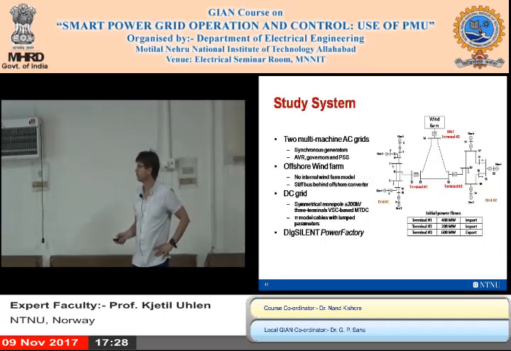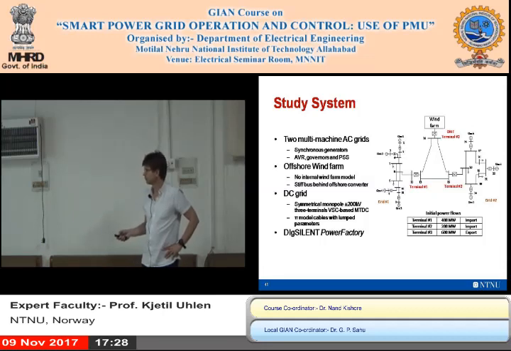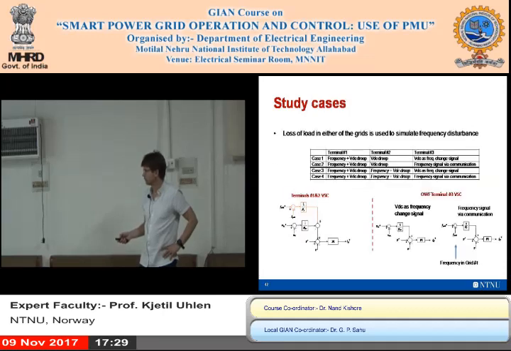This is implemented in PowerFactory, and in one case we use the local control scheme, and in the other case we use the frequency in AC grid number 1 communicated to the wind farm.